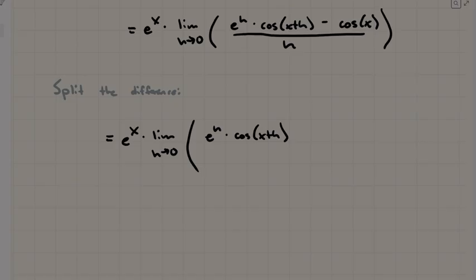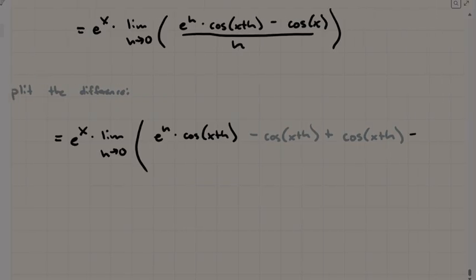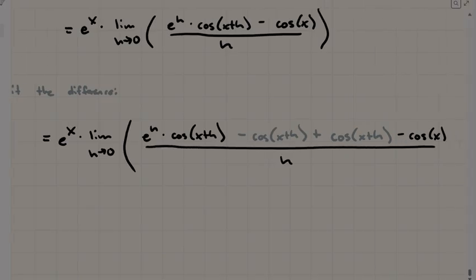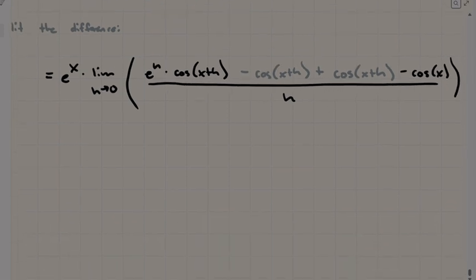We're going to introduce a minus cosine x plus h, which we cannot just pull out of nowhere. So we're going to also introduce a plus cosine x plus h. And then we still also have this minus cosine x from the line above. All right, so we did not change the value, but we just introduced this plus and minus of the same thing.